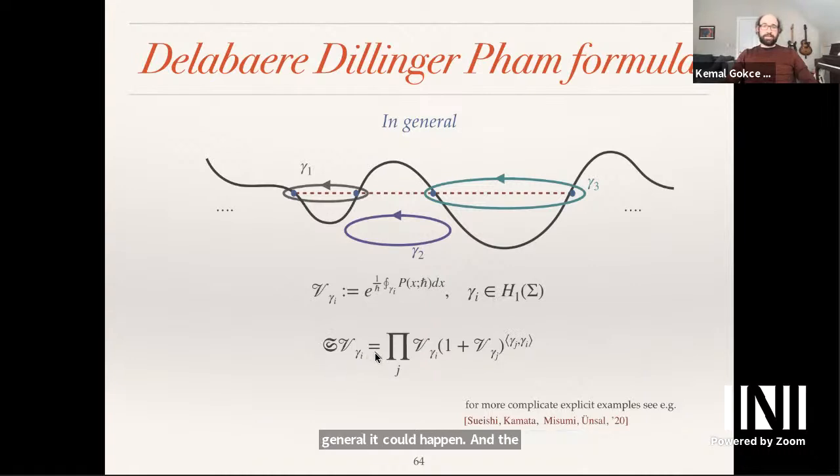And the general formula is that the Stokes automorphism for a given cycle I is a product of this form where it contains all the other cycles that intersect with gamma I. Okay. There's a recent paper by these folks which explicitly works out this example in more complicated potentials with different numbers of minima and so on. And I recommend you looking at it.